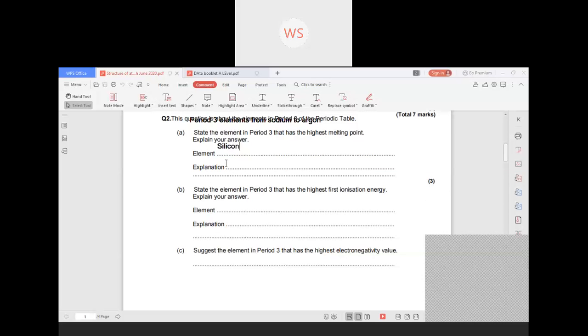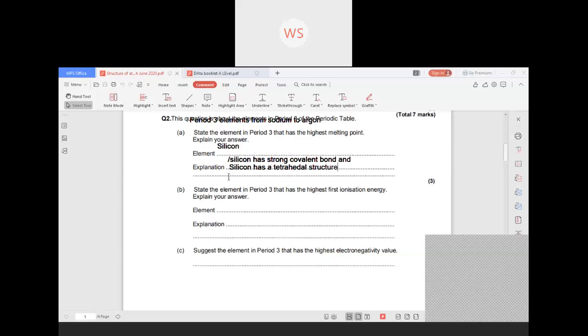Why is it silicon? Silicon has strong covalent bonds, and also silicon has a tetrahedral structure.